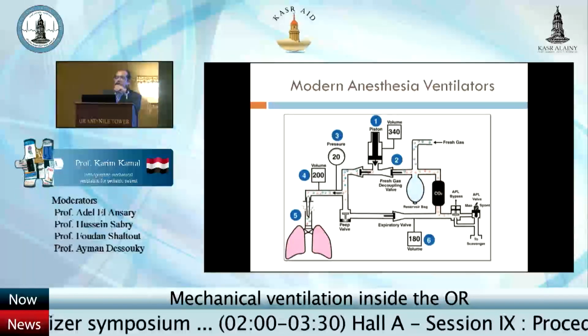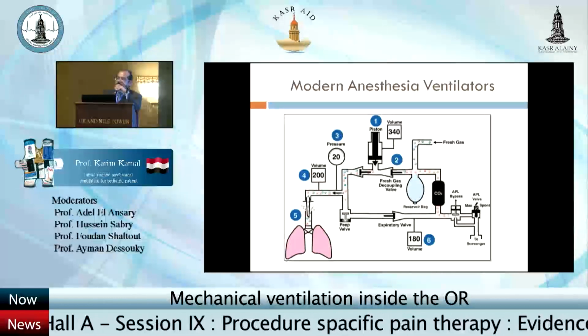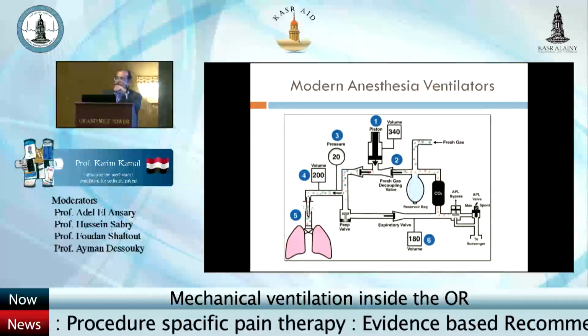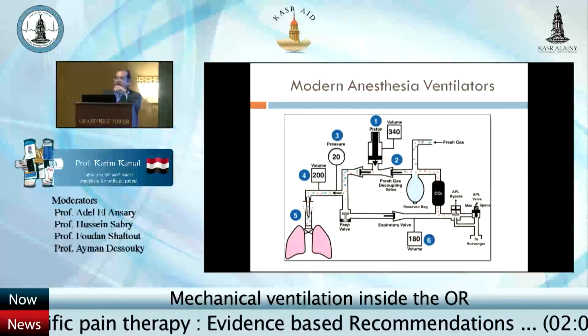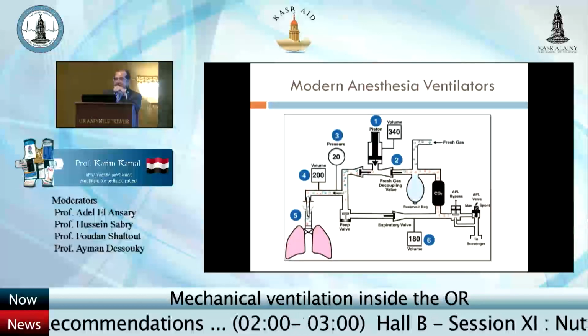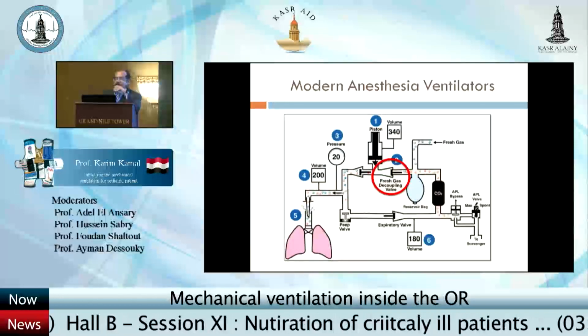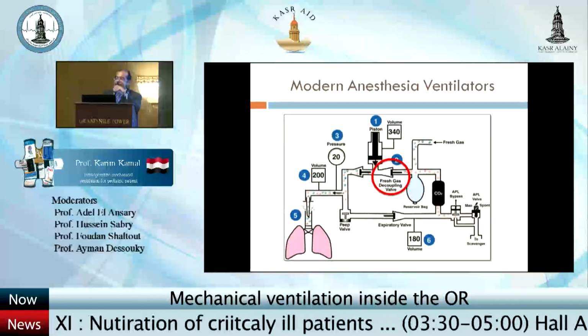Here, it looks different. As you can see, the piston delivering the tidal volume is placed towards the patient, while the fresh gas flow inlet is placed before the piston. And in addition to that, there is what is known as a fresh gas decoupling valve.